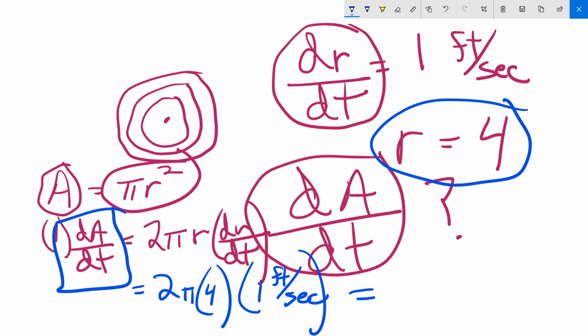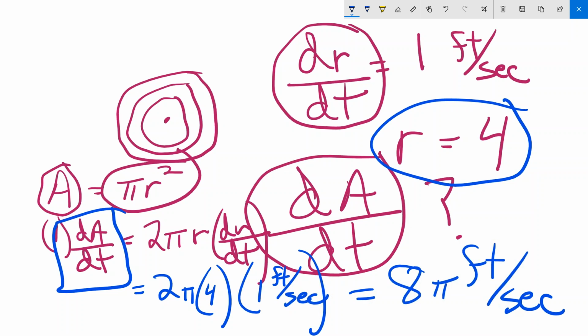So the answer to how the area is changing when the radius is changing at this speed is 8 pi square feet per second. The area changes as a square.